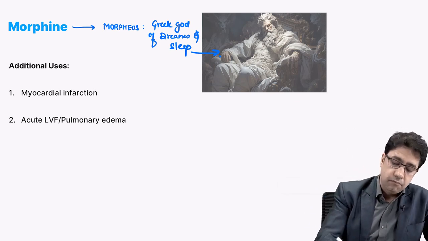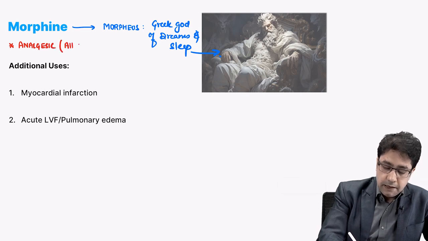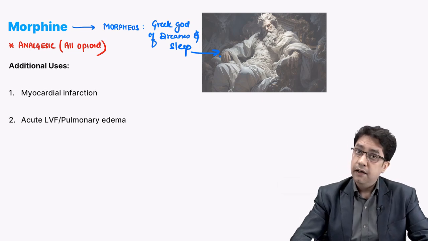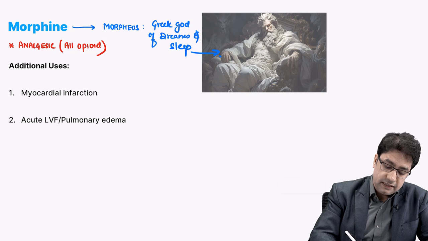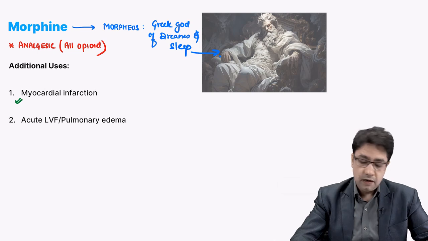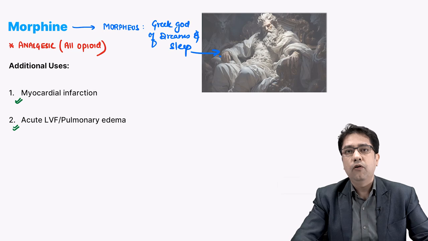We know that morphine is used as an analgesic drug. All opioids are used as analgesic drugs, painkillers. But apart from analgesia, what are the additional uses of morphine? Remember, morphine is given in MI, myocardial infarction, and morphine is also given in acute left ventricular failure.